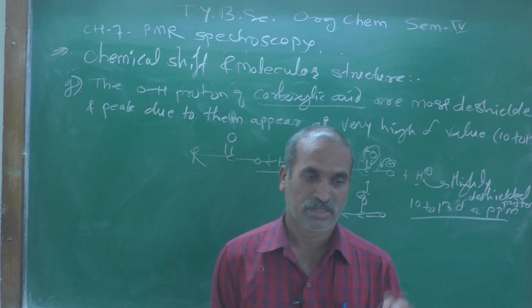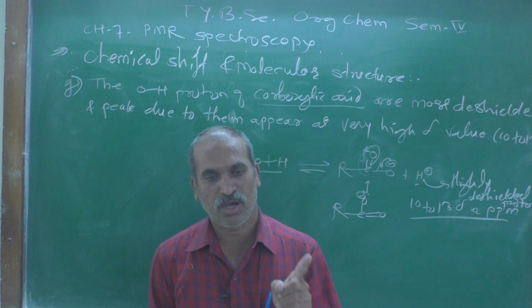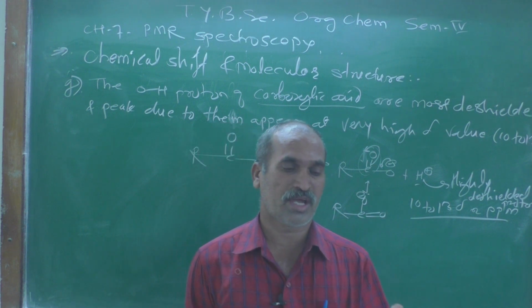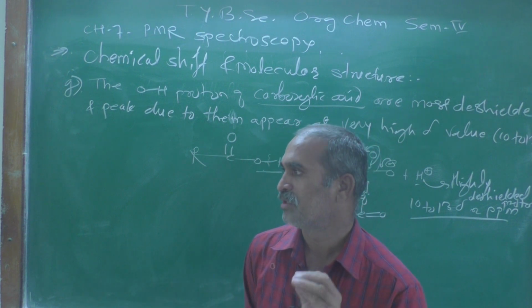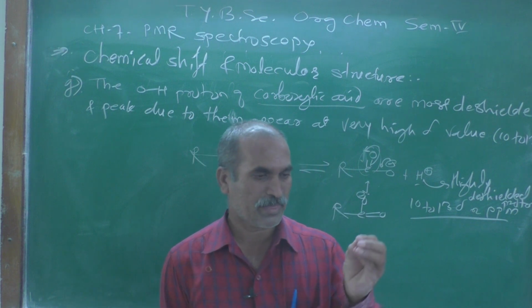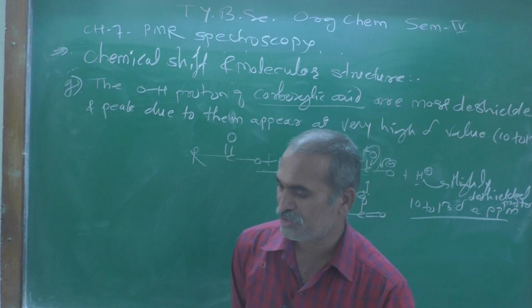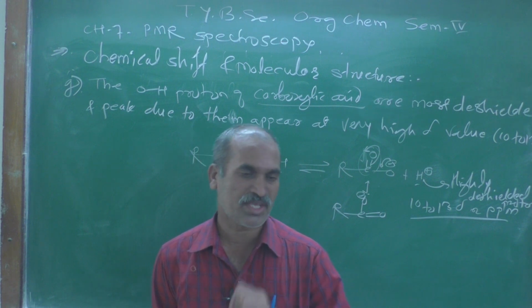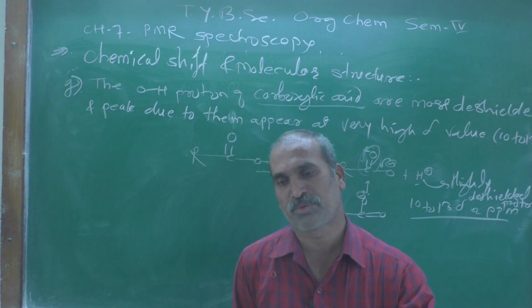But here remember, suppose the delta value is around 7.3, what does it indicate? It suggests the presence of aromatic protons in the organic compound. Suppose the chemical shift value appears around 9.7, it suggests that an aldehydic proton is present.